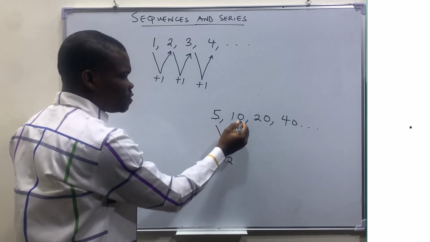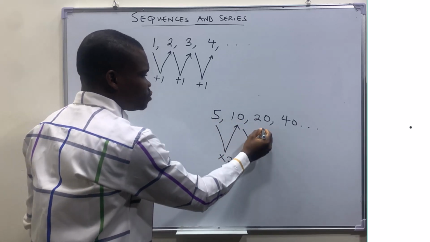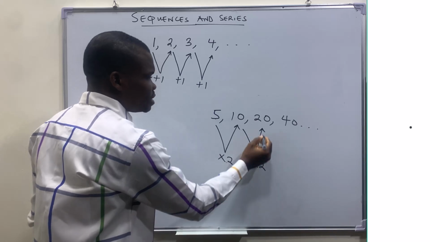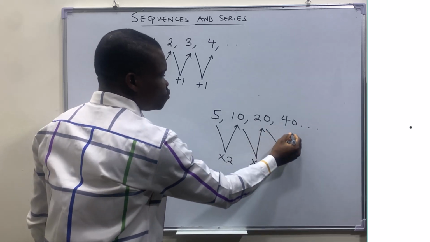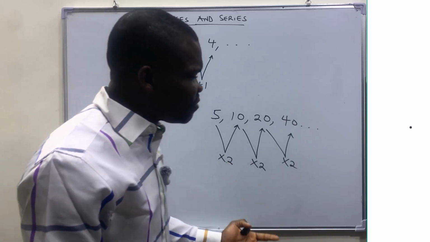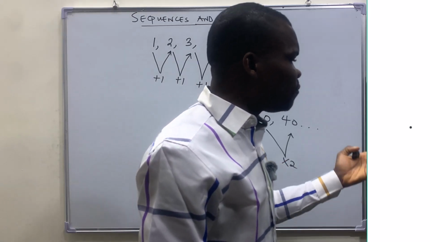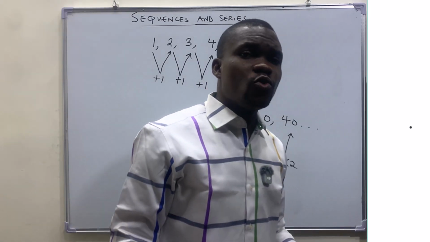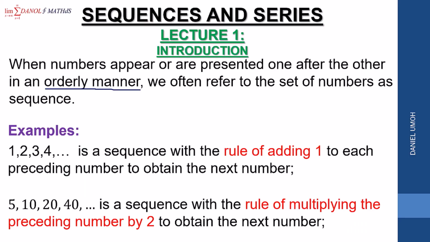So 5 times 2 gives me 10. 10 times 2 gives me what? 20. That's the rule. 20 times 2 gives me what? Gives me 40. So that's why we say that 5, 10, 20, 40 is a sequence with the rule of multiplying the preceding number by 2 to obtain the next number.